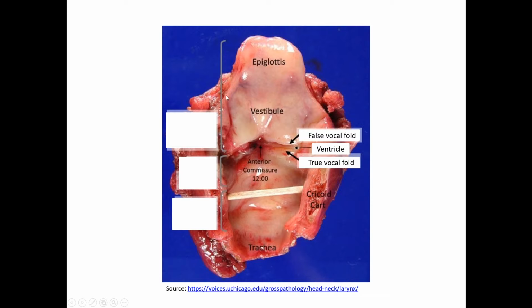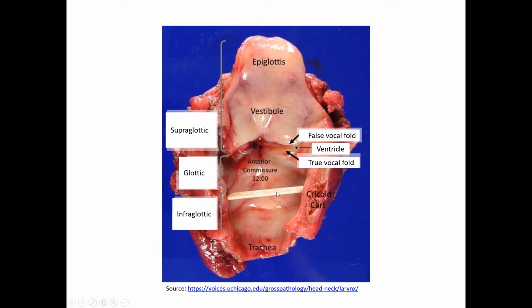And then we also split up our larynx into 3 different regions. The first, from the tip of the epiglottis down to the ventricle, is called the supraglottic region. And the area between the ventricle down to around 1 centimeter inferior to the true vocal fold is called the glottic region, and the area from there down to the inferior border of the cricoid cartilage is called the infraglottic area.